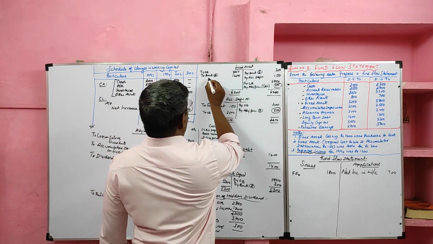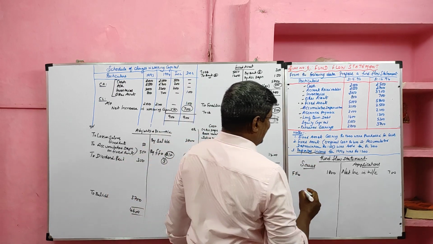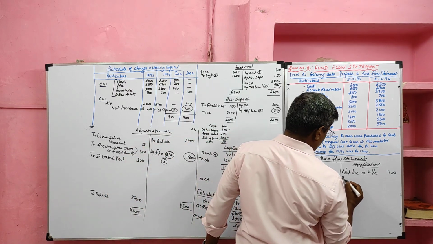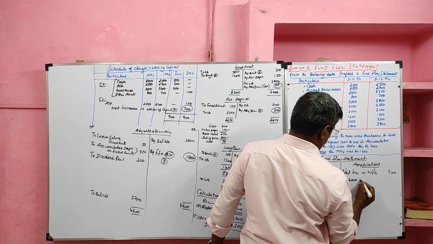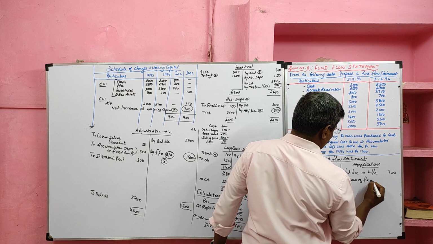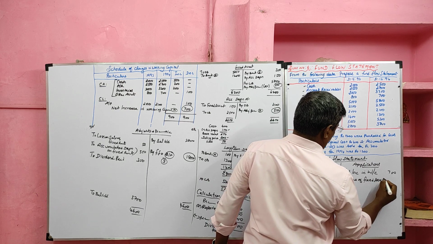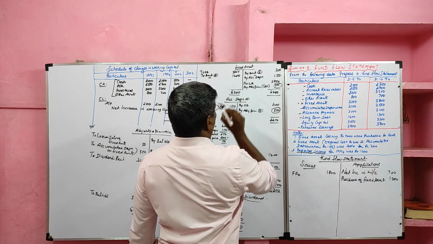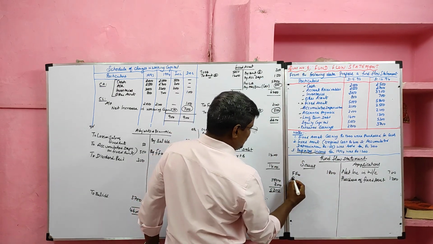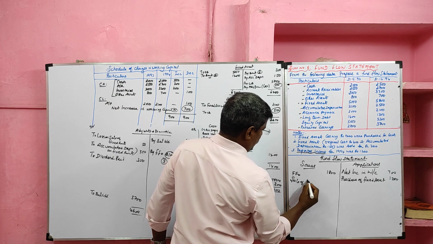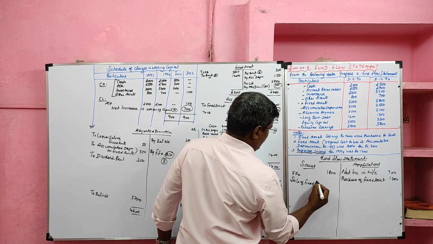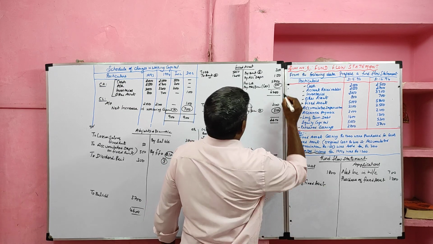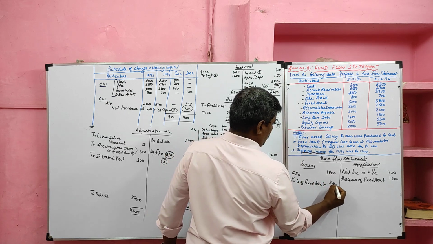Fixed asset account debit side, we recorded bank, that we consider as purchase of fixed asset. Value 1200. Then fixed asset account credit side, we recorded by bank, that we consider as sale of fixed asset. Value 200.